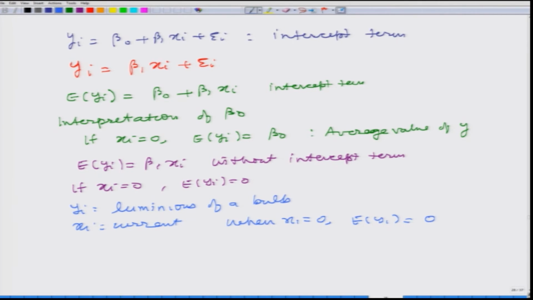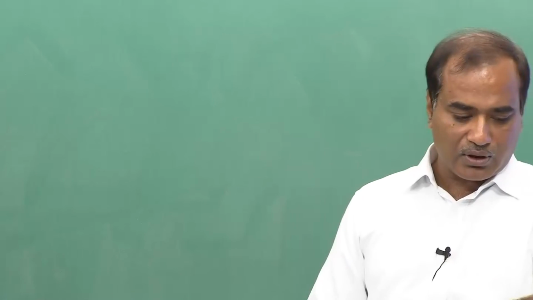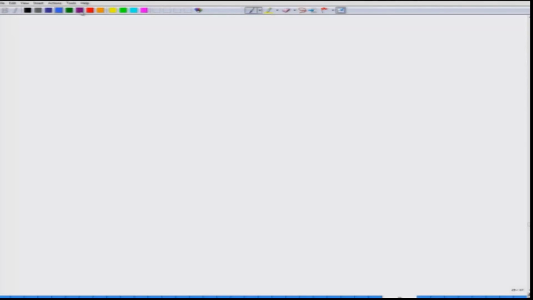So, there are situations in practice where sometimes I have to consider a model with an intercept term and sometimes without, and based on that I would like to show you in this simple framework what happens to the estimate of parameters. Now, consider a model yi is equal to beta 1 xi plus epsilon i.